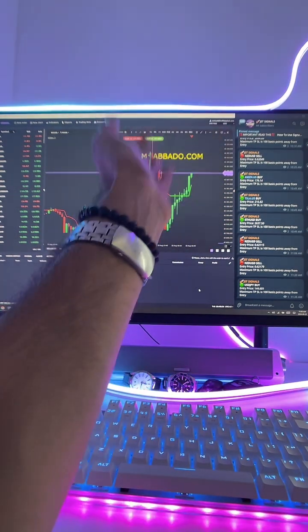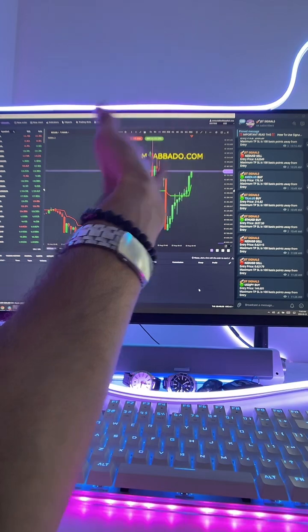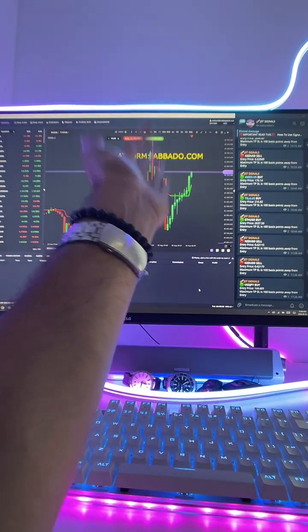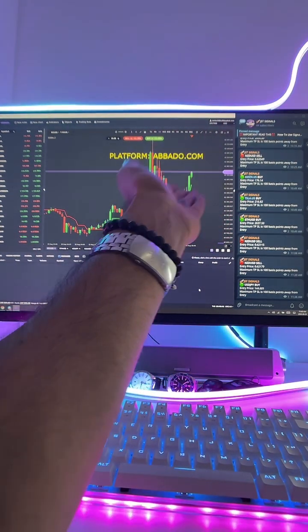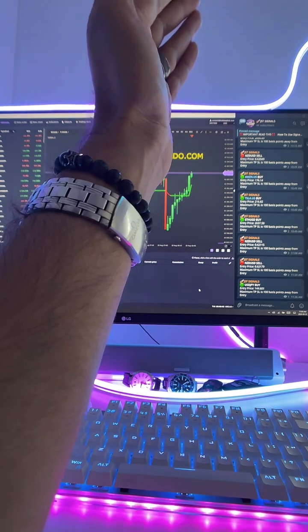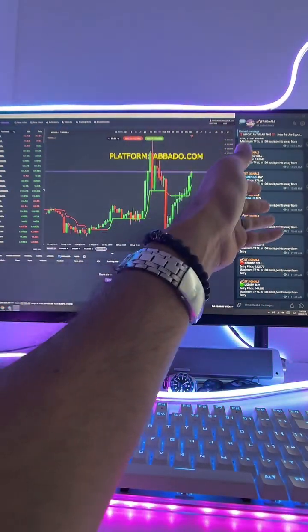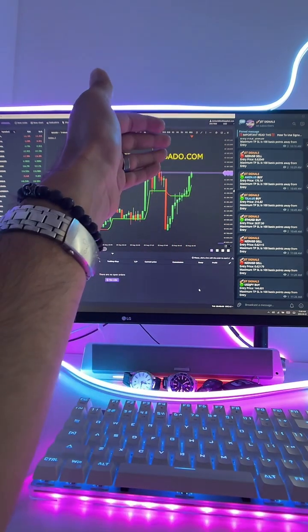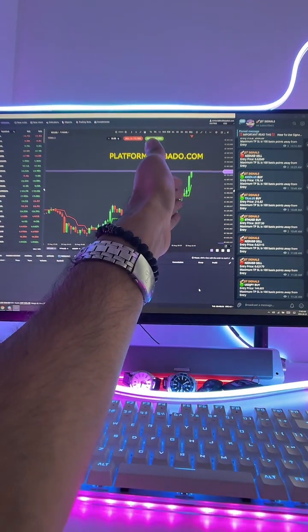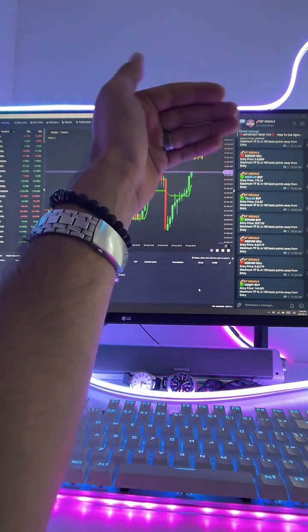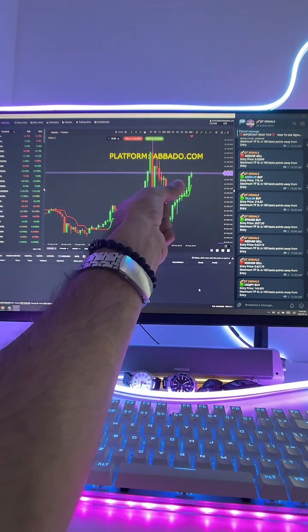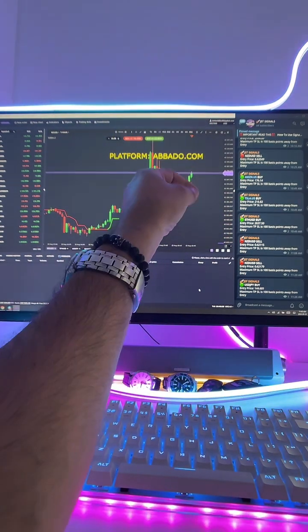It's the same thing as making 100 points on any stock like Tesla. It's the same thing as making 100 points on any forex pair like USD JPY. It's all the same thing, right? So it doesn't matter what pair to trade. What really matters is just having a consistent strategy and making sure you're risking as little as possible.